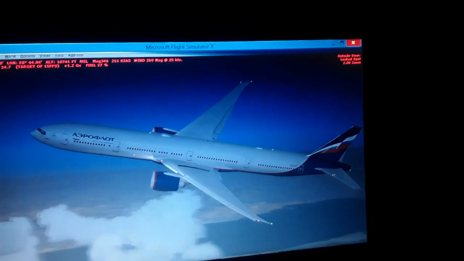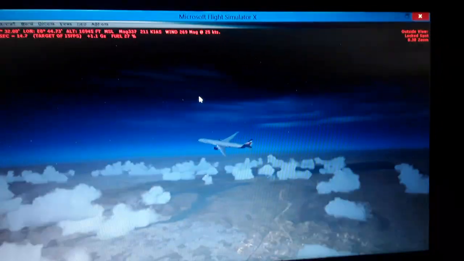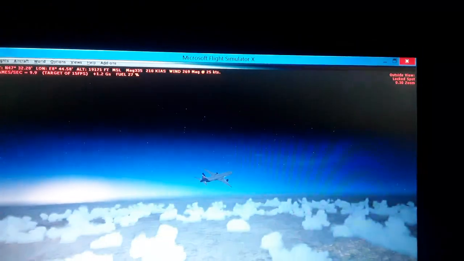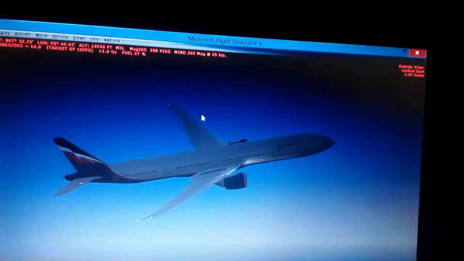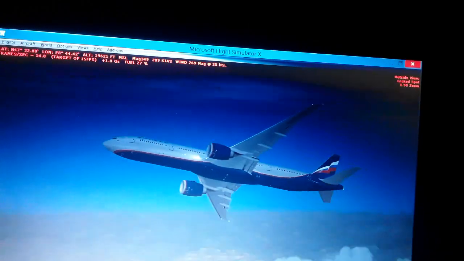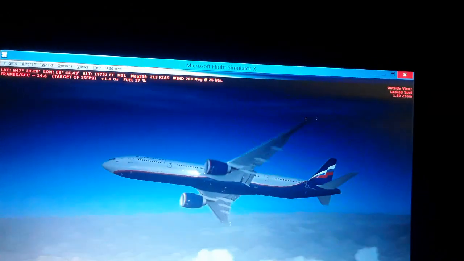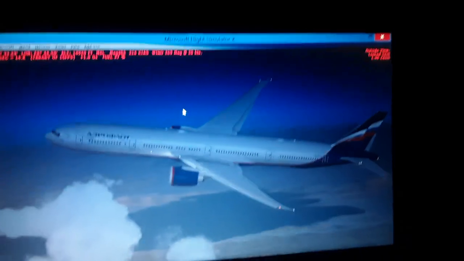So very nice climb out here. This is the lakes, so we need to follow the flight plan as we keep climbing. So we go now inside for the rest of the flight.